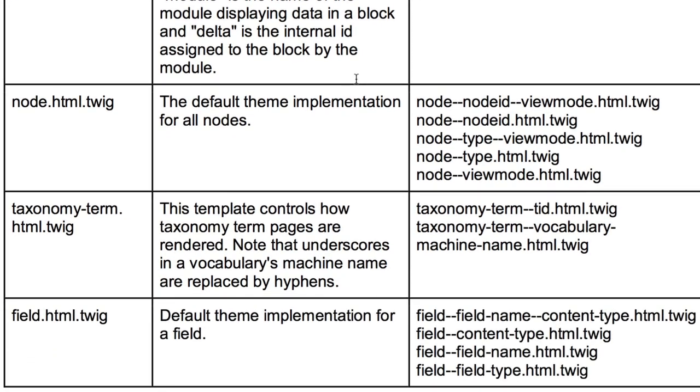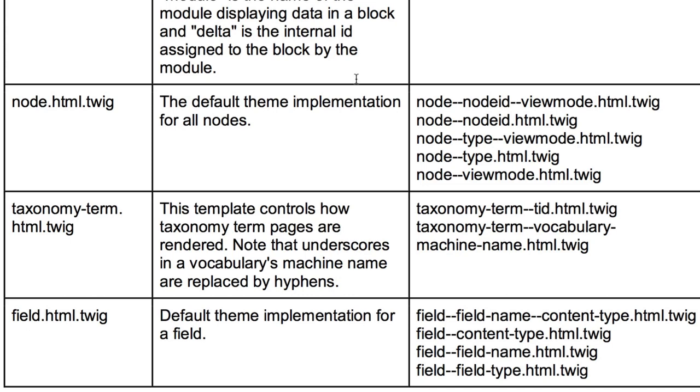And finally, field.html.twig, the default implementation for any given field. If you wanted to be very specific, you would use a template override, say field-name-content-type, and then you would be overriding the layout for one field in one content type.